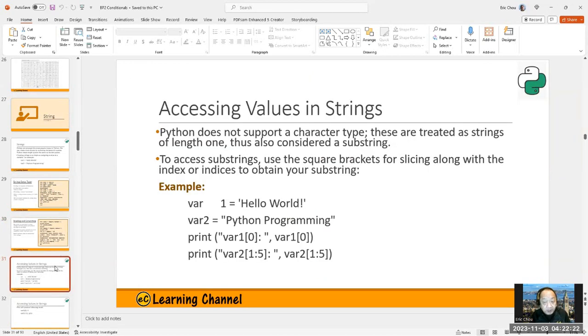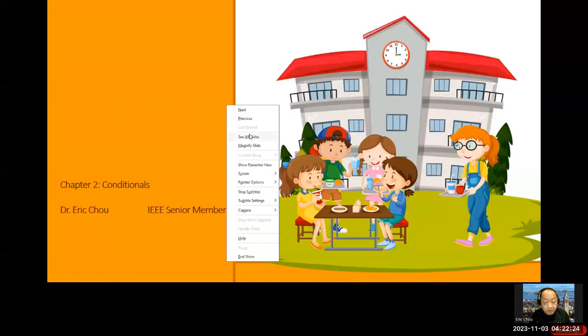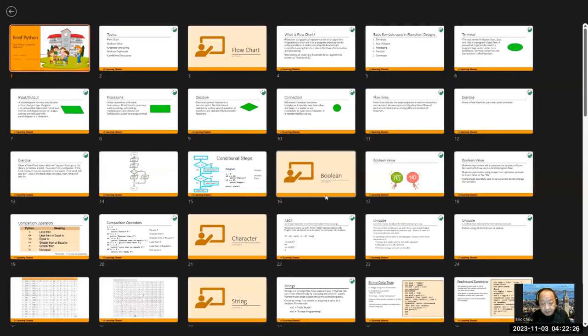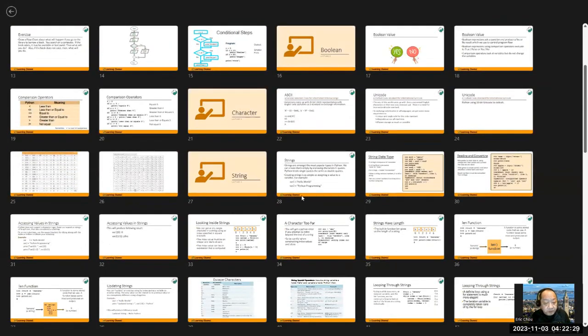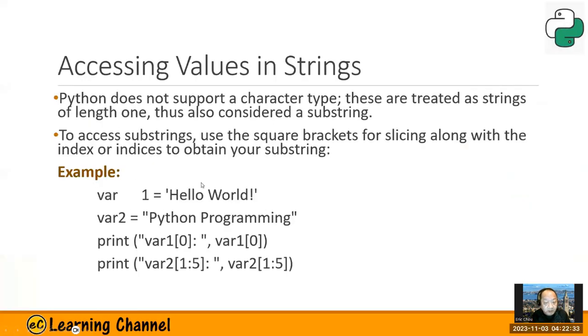Next is the accessing of string values. What is accessing of string values? We store many characters in one string variable. Variable 1 is "hello world!", variable 2 is "Python programming". If I check variable 1 at index 0, this index location 0 is H, so it starts from 0.